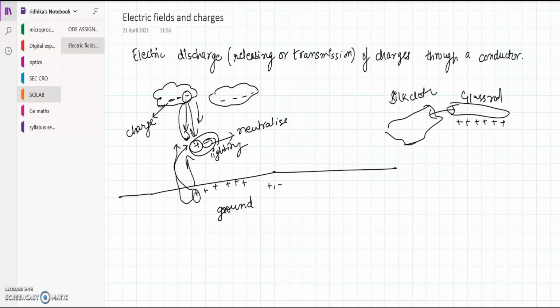Okay, and if we take another silk cloth, or instead of silk you can take wool as well, and rub it with a second glass rod, it also gets positively charged. How do I assume that it is positively charged? After rubbing both these rods, if you bring both the rods near each other, you will see that there is repulsion between these rods.